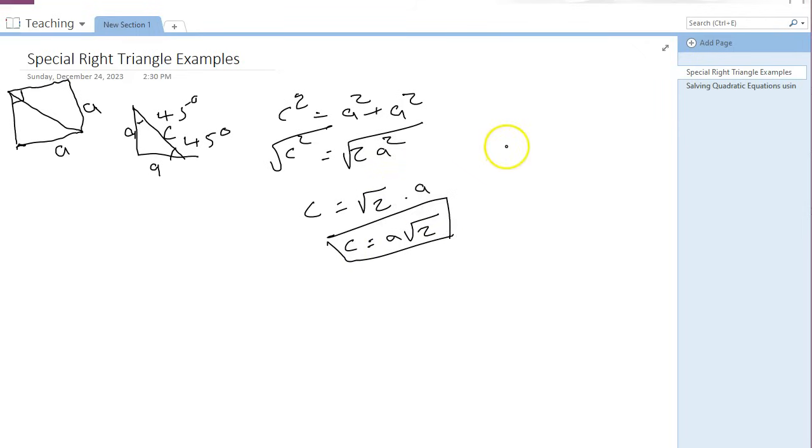So if you ever get a right triangle with the 45 degree, we have A here, we get A square root 2. Okay, root 2. So remember that. So this is one special triangle.